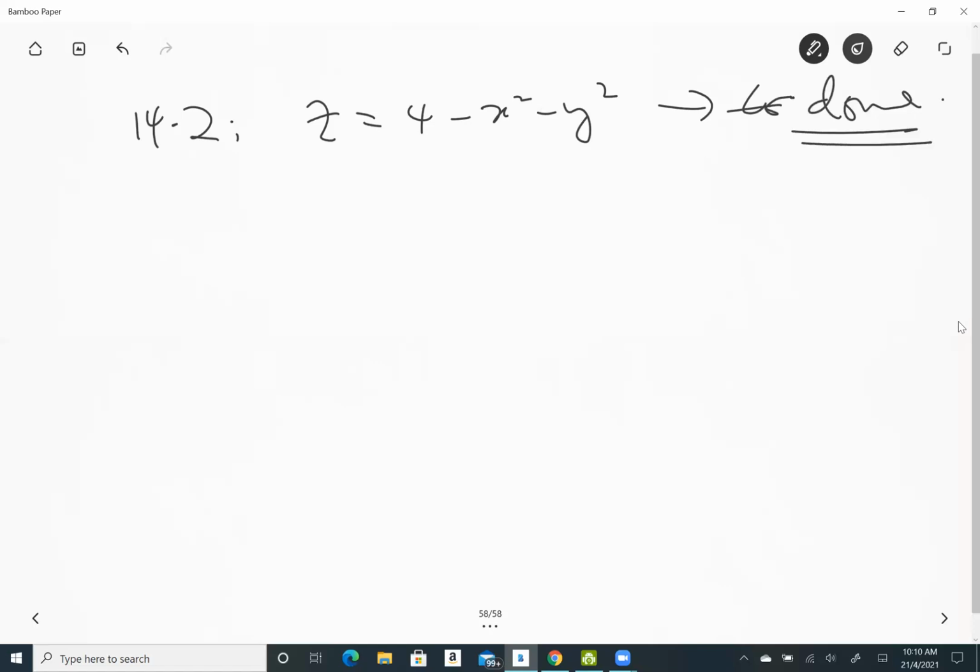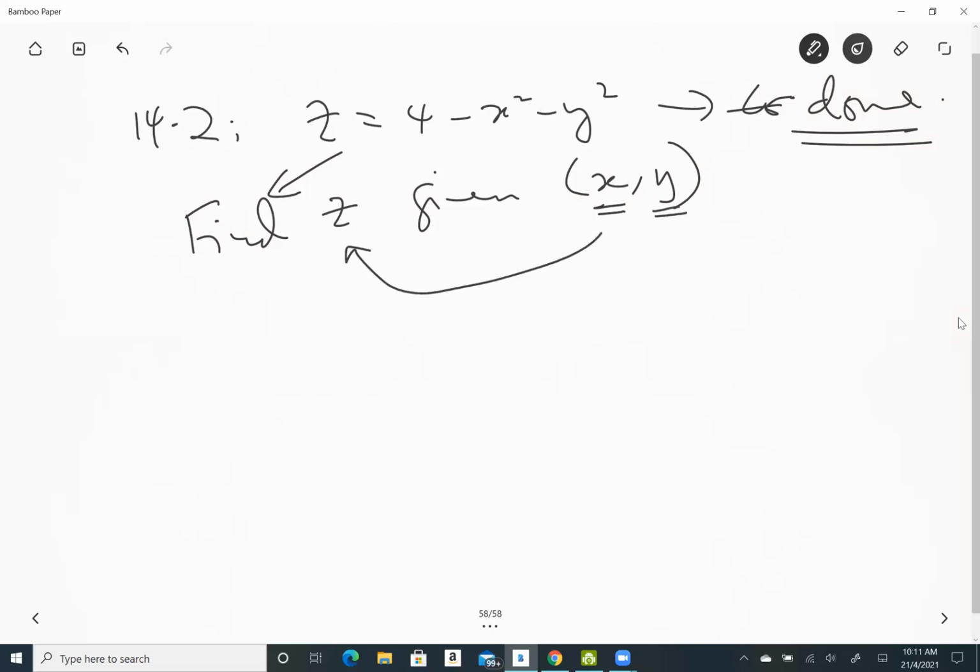So let's say we start from this example. Next you want to find z given a certain value of x, y. So how do you get the value of the function? In other words, given a certain point or a certain value of x and y, we can find the value of the function or z.